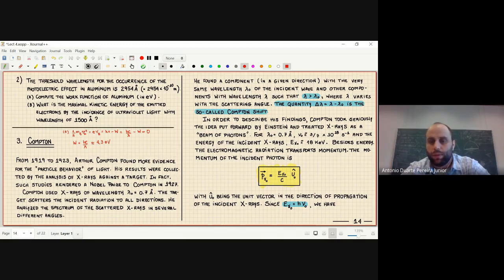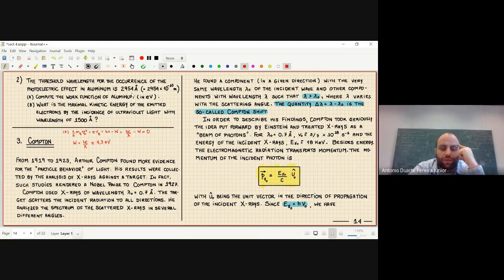Okay. So item B says, what is the maximal kinetic energy of the emitted electrons by the incidence of ultraviolet light with wavelength of 1,500 angstrom? Well, we can first of all ask if this wavelength is compatible with the occurrence of the photoelectric effect.